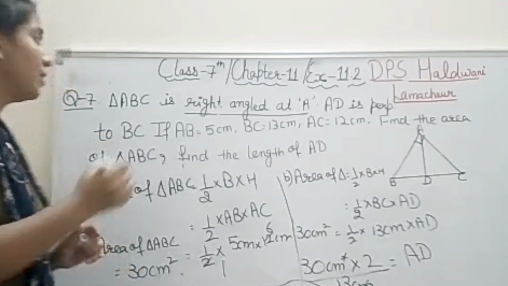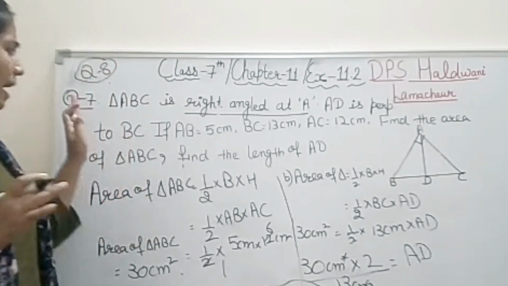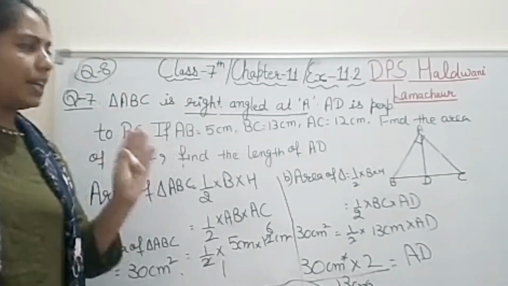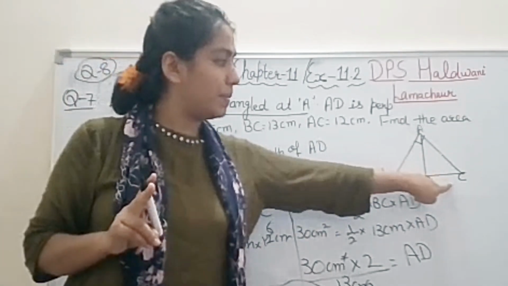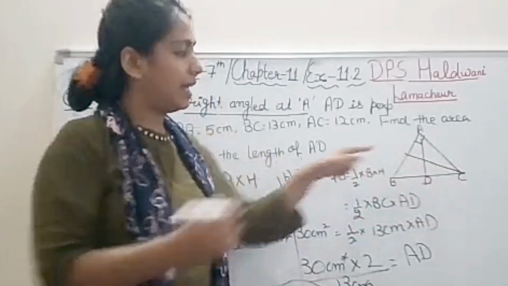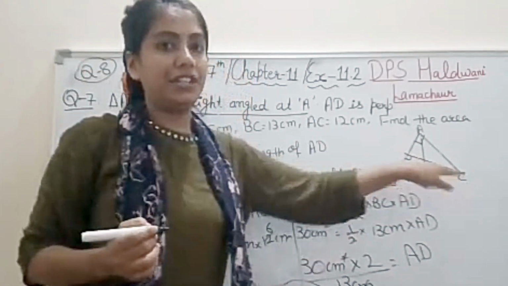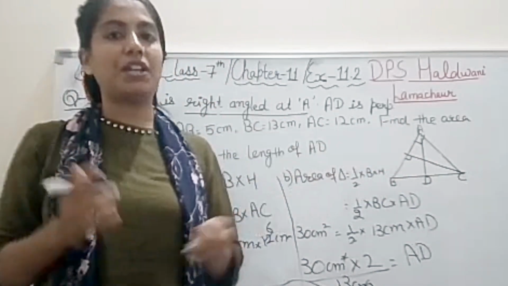Now the last question we have, question number 8 student. This question is just the same as question number 7 only. In that question you have two heights, means on BC AD and again from another vertex a height is drawn and this height is for AB. Okay, and everything is mentioned to you.